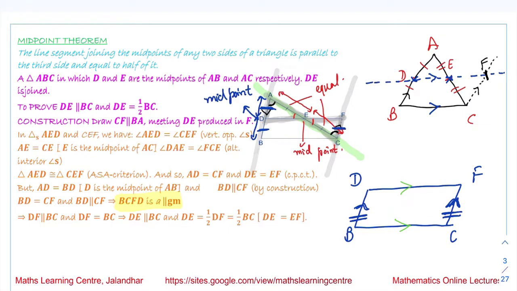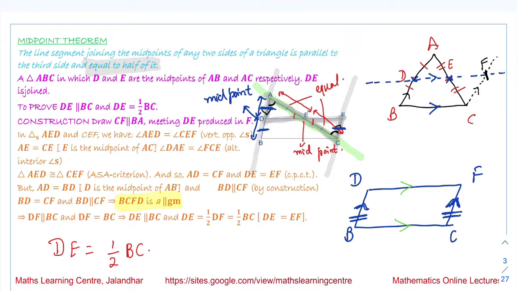Now the next thing that we have to prove is that this length DE is equal to 1 by 2 times BC. This line is parallel to it and it is equal to half of it.